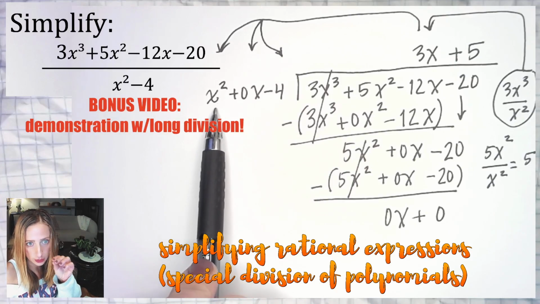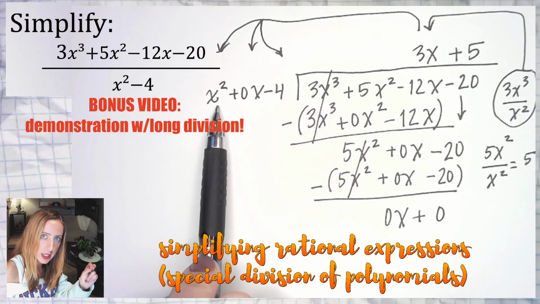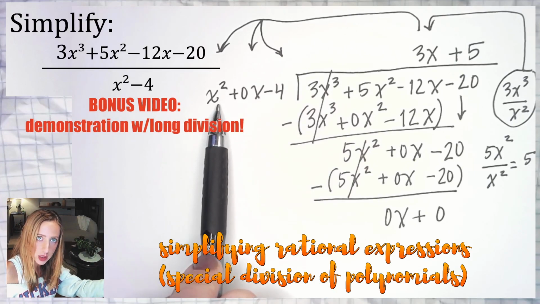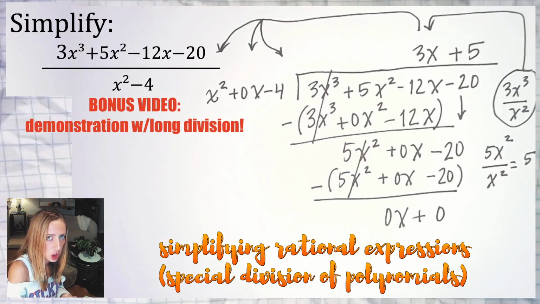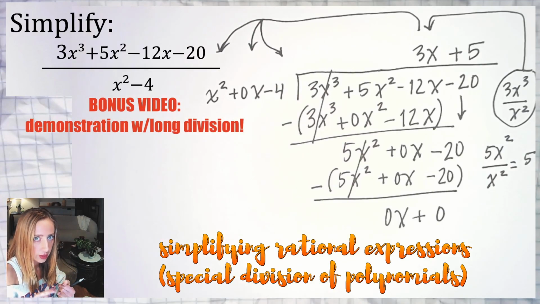So your x squared is what you're dividing by. Your remainder could have x to the first or x to the 0 or both. When we were dividing by x or x to the first, my remainders were always constants. If I were dividing by x cubed, my remainder could have x squared, x to the first, or constants, or all three, or 2 of the 3, whatever.